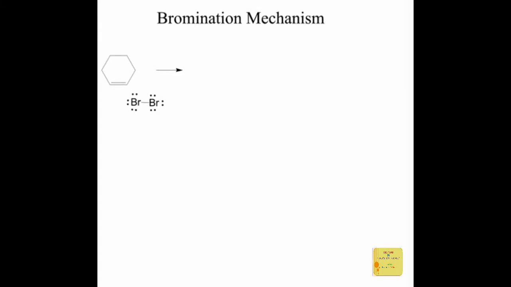So when we want to start the bromination mechanism from the beginning again, we have our alkene, we have our bromine, and we know that every time we have bromine in the presence of an alkene, we're going to go to this bromonium ion. Now, I am actually drawing this as a wedge. Both bonds are pointing in the same direction. We know we're going to get this bromonium ion, and so how do we get there?